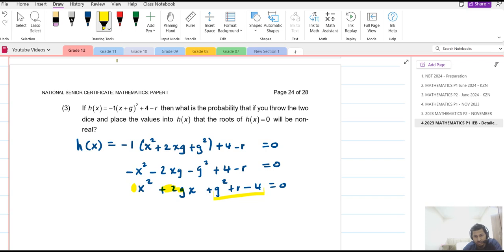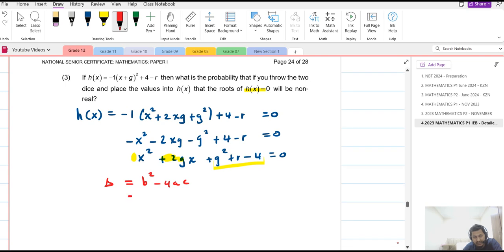We want the roots to be non-real, so delta is equal to b squared minus 4ac. How many marks is this? Difficult question here, 3 marks. b squared minus 4ac. b squared is 4g squared. Why did I put 4g? This is supposed to be 2g, so b squared is 4g squared. What's a? 1.